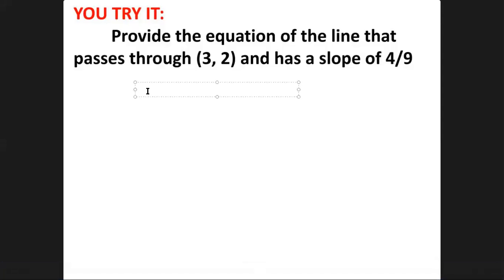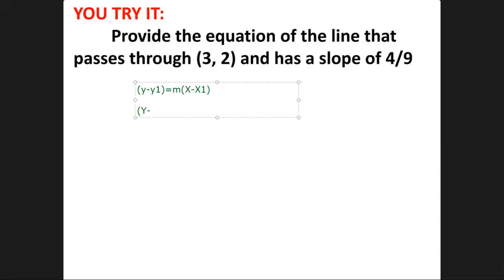The equation will be y minus y1 equals m, parentheses, x minus x1.